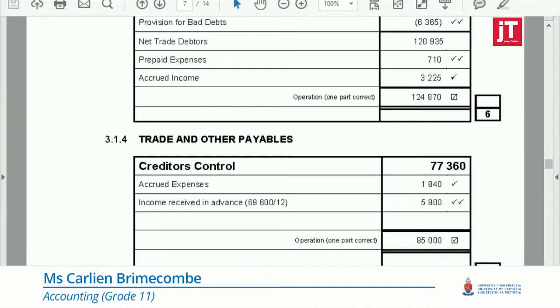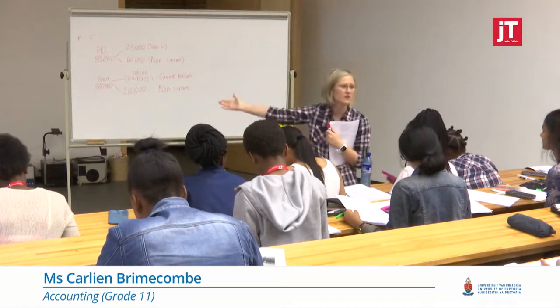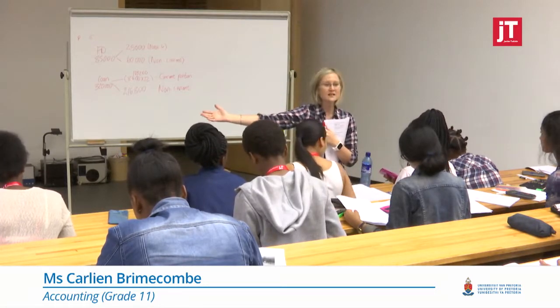Right, now tell me, in an exam, if it doesn't balance, what do you do? You move on, okay? Don't go and look for your error because you could have made it anywhere. Then you're just wasting time and you end up not finishing the paper, or you're rushing through other questions and making silly mistakes.